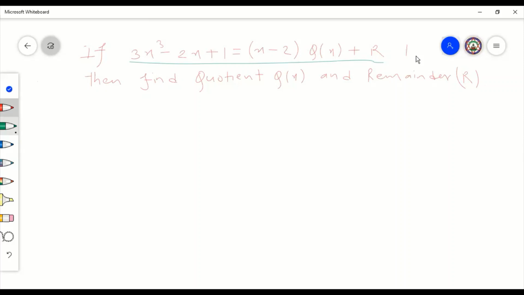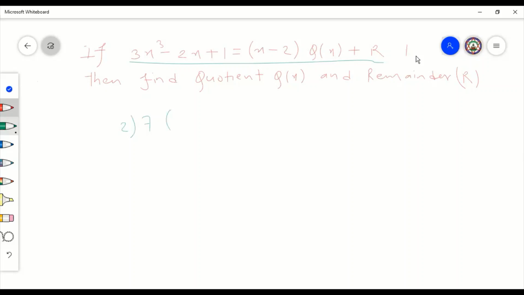So now, before finding the quotient and the remainder, first of all, I'll give one formula for you. Check it out. Suppose here is the 7, and it's divided by the 2 over here. What we get?